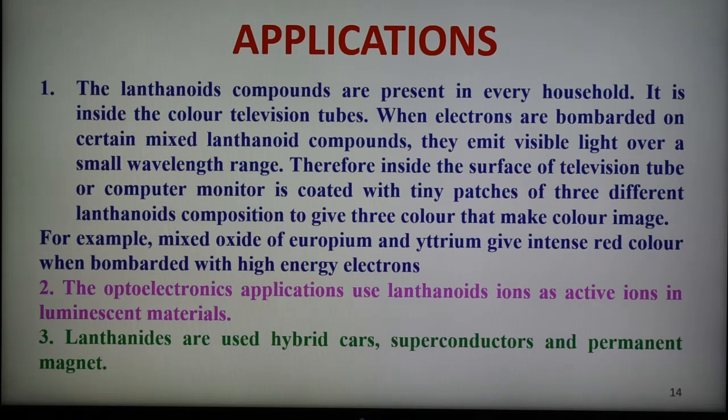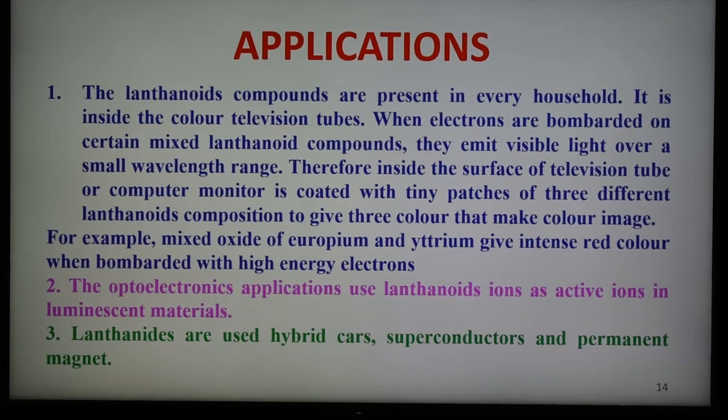Luminescent means the material gives light, and there are different types which emit red, blue or yellow light, different colors. Such materials which emit color are called luminescent materials. Some organic ones, OLED and LED, are also there.